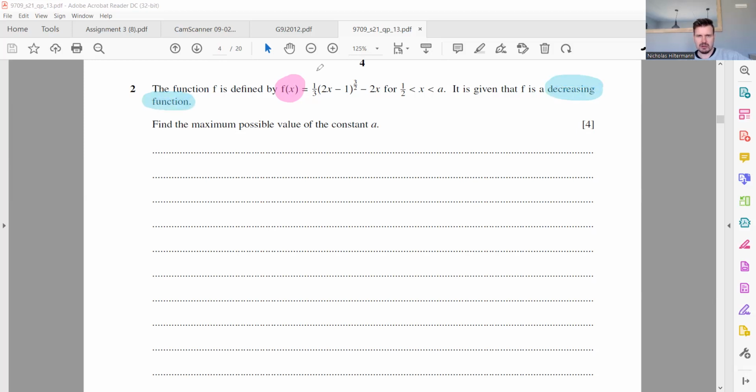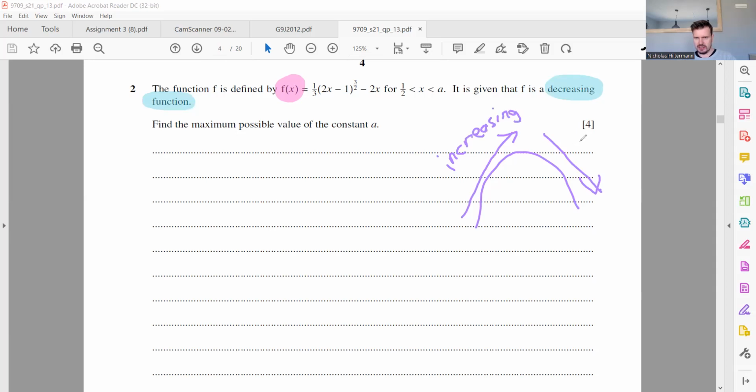Decreasing function. Well, what is a decreasing function? Well, let's just draw a parabola, for example. Well, we can see that it's increasing on this side and decreasing there. So this would be increasing because it's going uphill.